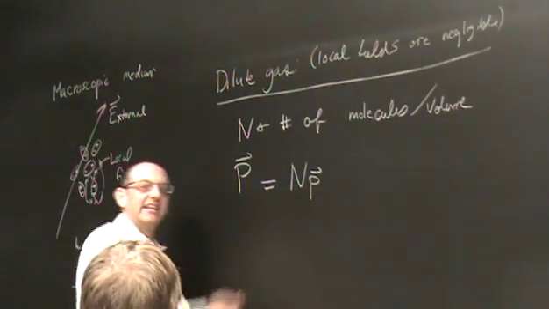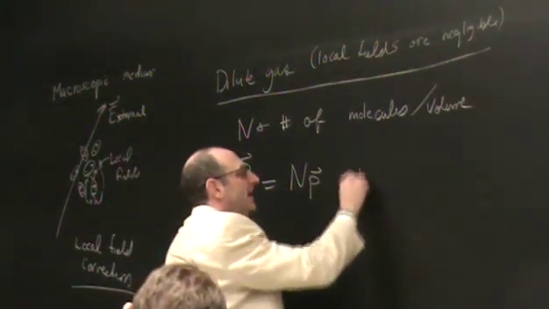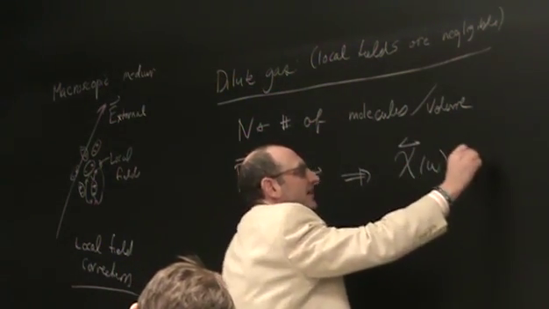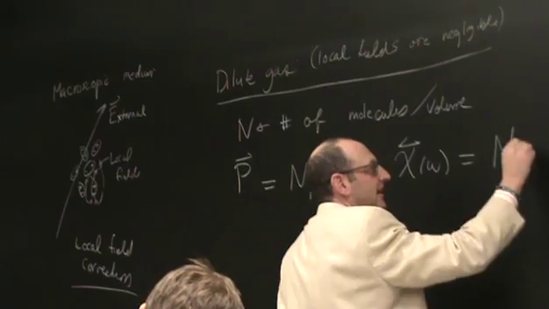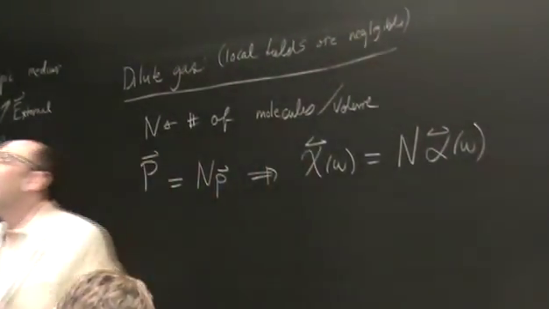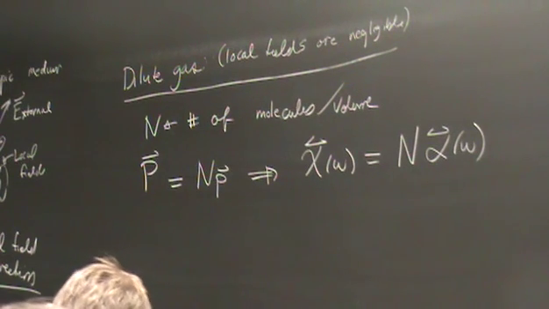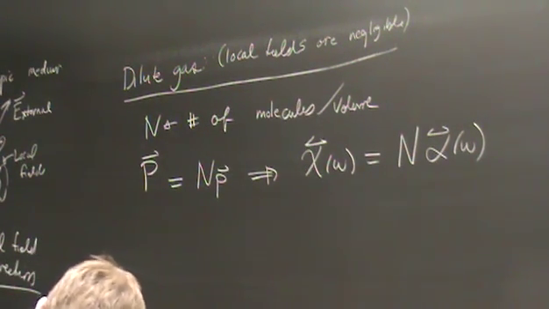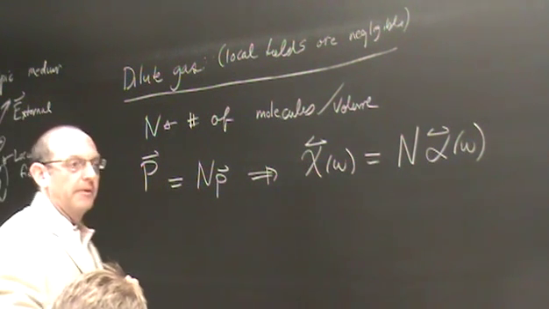So they're essentially equal. So that tells me that the susceptibility tensor is just the density times the microscopic polarizability. Okay?